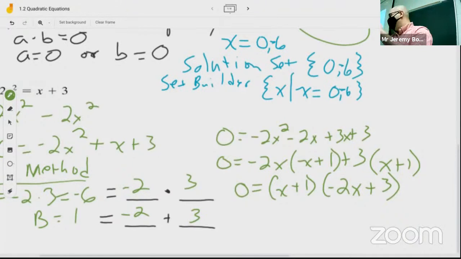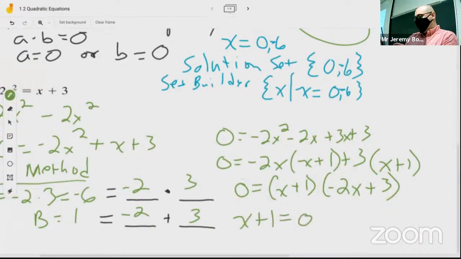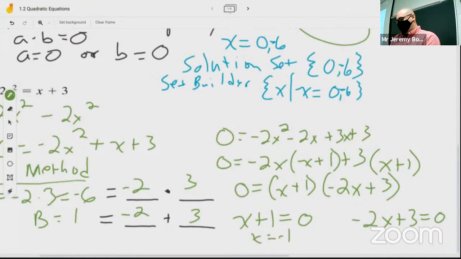And now we end up with the zero product property again, right? This times this is equal to 0. So therefore, either x plus 1 is equal to 0 or negative 2x plus 3 is equal to 0, which is going to give me a solution set. Well, let's solve it out. Here you get x is equal to -1.